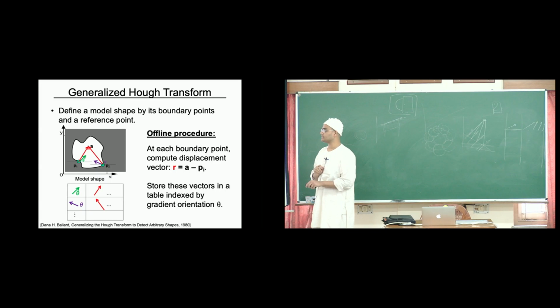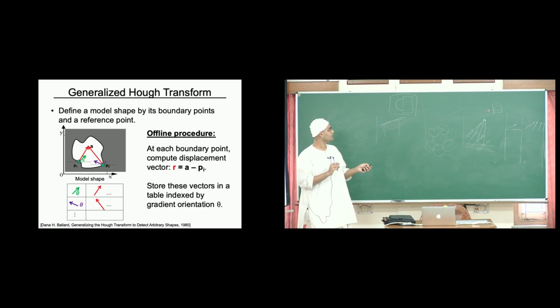This one won't be common. This is a unique one. For any point, no other point should have the same displacement vector. Many points can have the same gradient direction, but the displacement vector is unique.